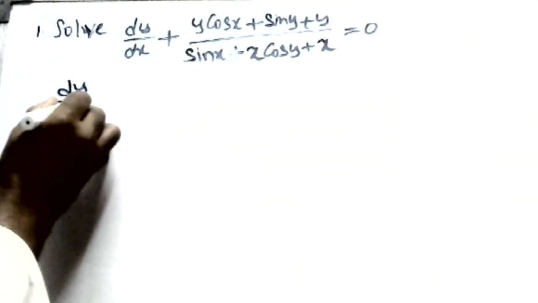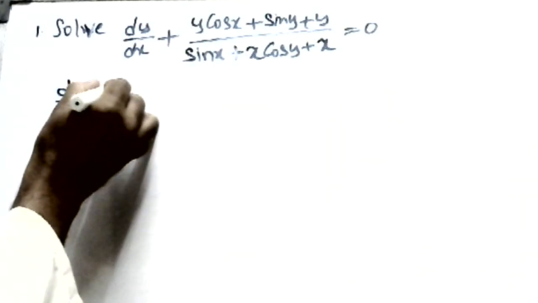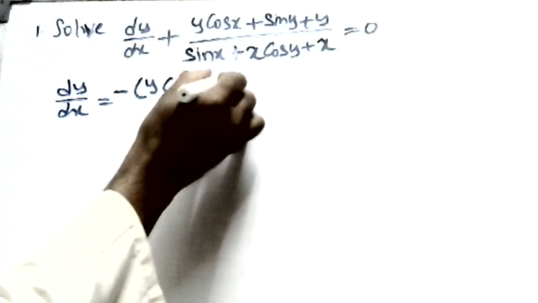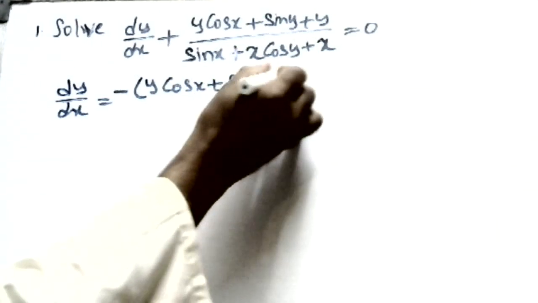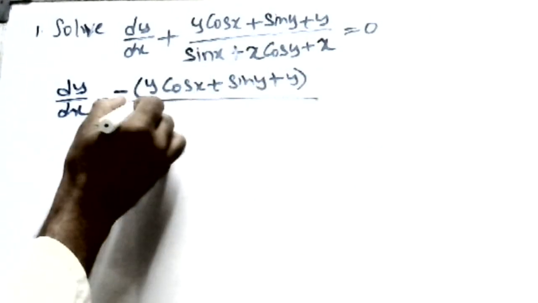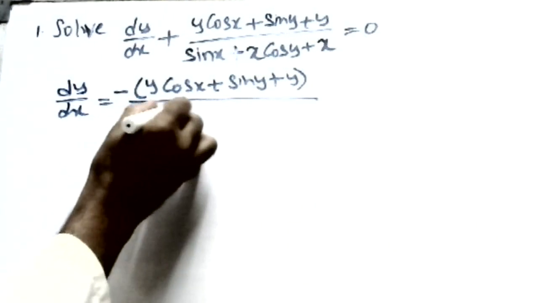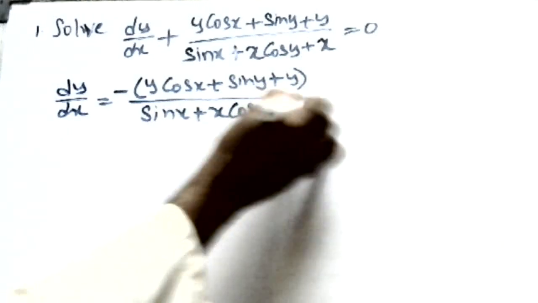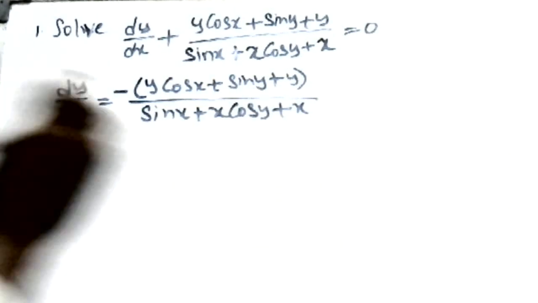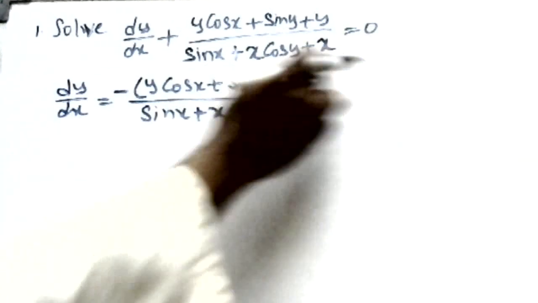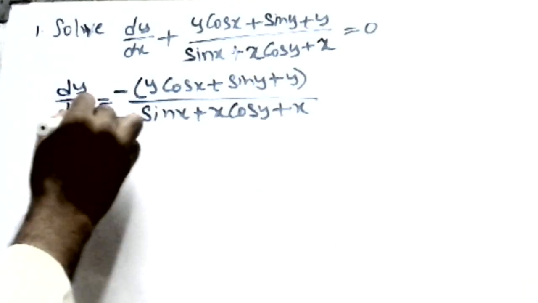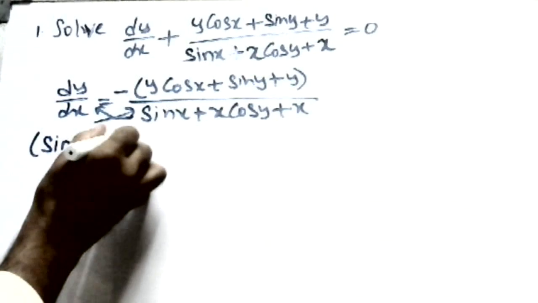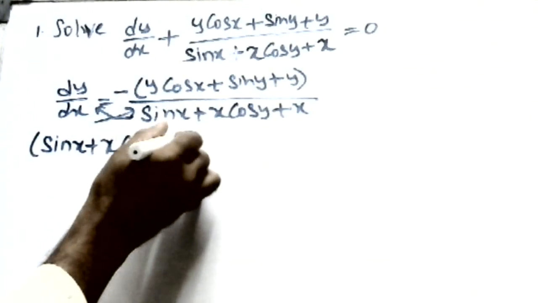You see here, dy by dx equals minus y cos x plus sin y plus y, divided by sin x plus x cos y plus x. Now you cross multiply this one, it will come here and this will go here, so this will be sin x plus x.